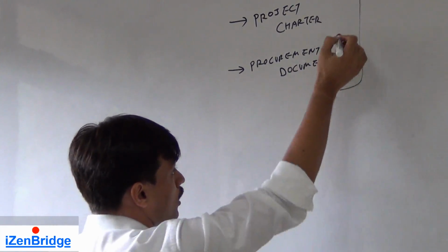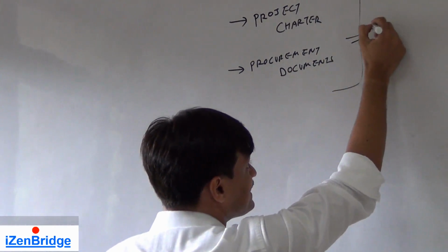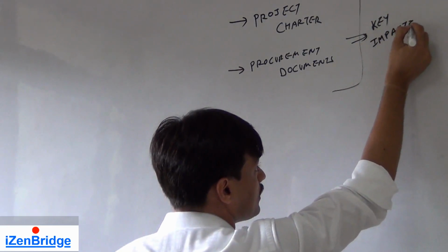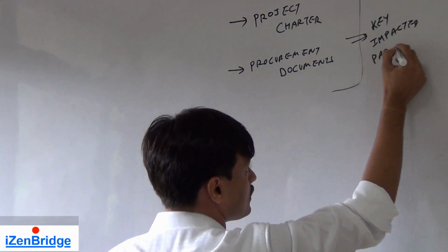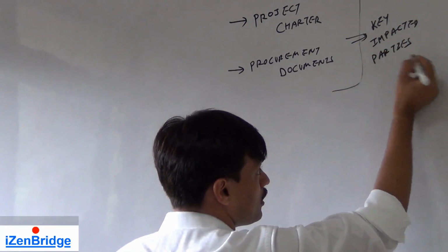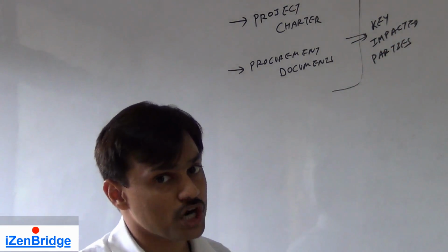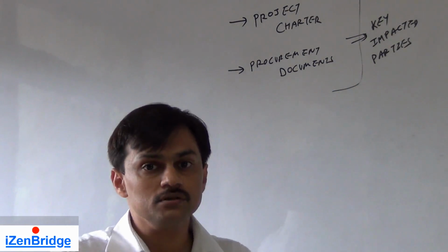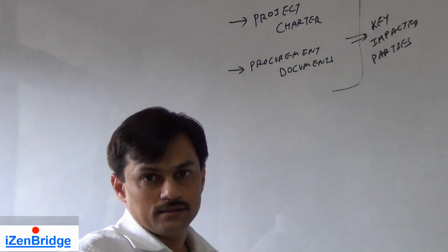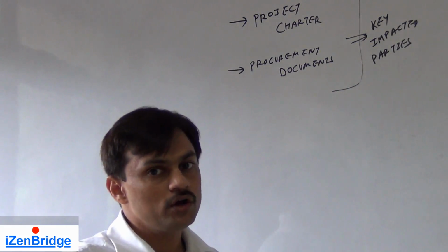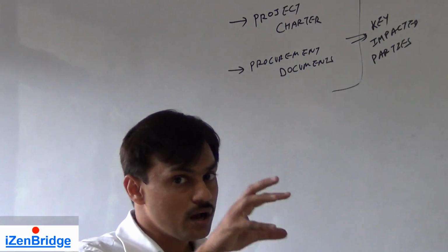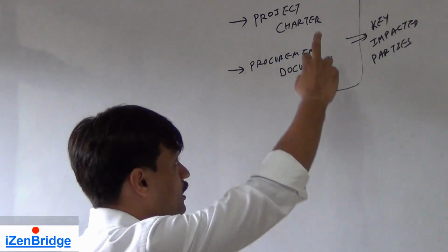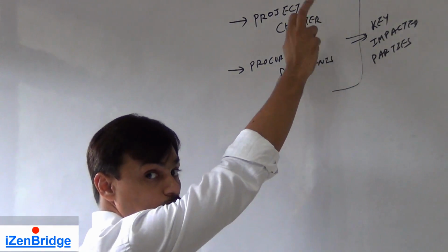So this gives us the key impacted parties, because in a project charter we would be talking about the goal of the project, the customer, and the functional head who would remain involved. A summary level of key parties or key stakeholders will get identified if we analyze the project charter well.